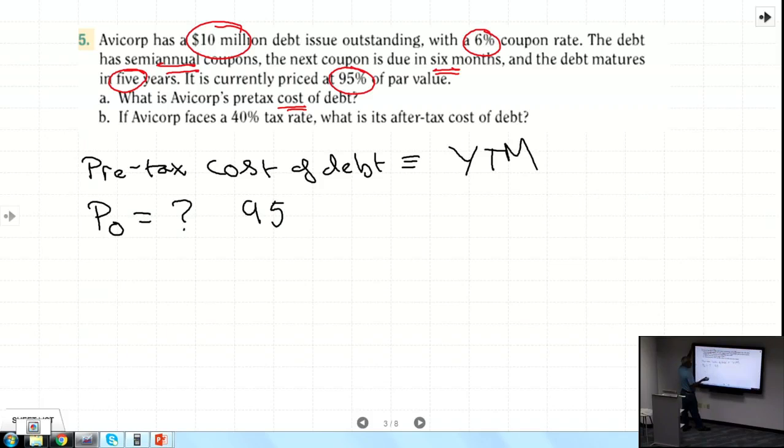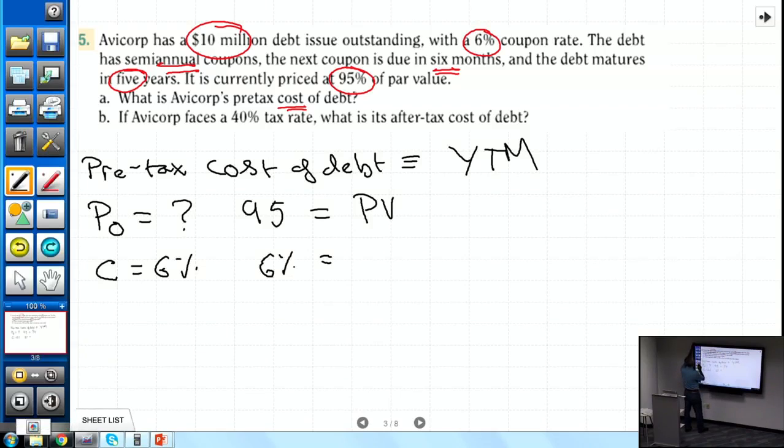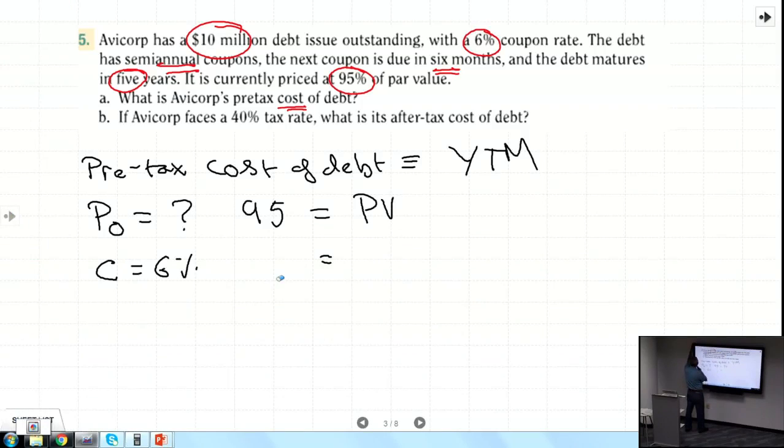So assume that par value is 100, then you can use 95 as the present value in your calculator. Coupon is 6%. 6% of par, so it will be 6% of 100, which would be $6.